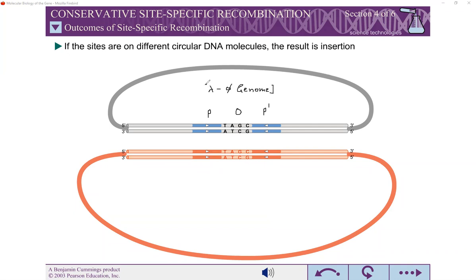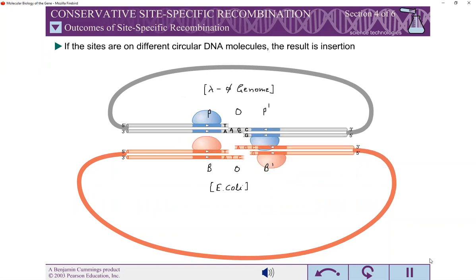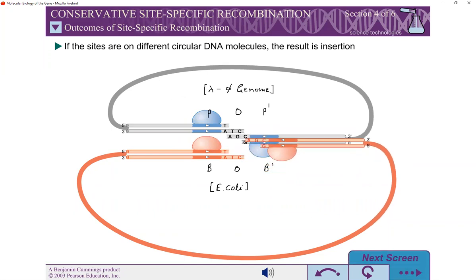This is the lambda phage genome, and this is BOB dash, the type of genetic material that is present in E. coli bacterium. Now moving forward, see how the results of the site-specific recombination are going to be produced. I will not disturb it until the site-specific recombination is over. Please do have a keen view.